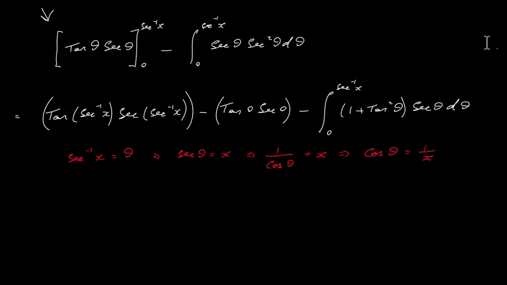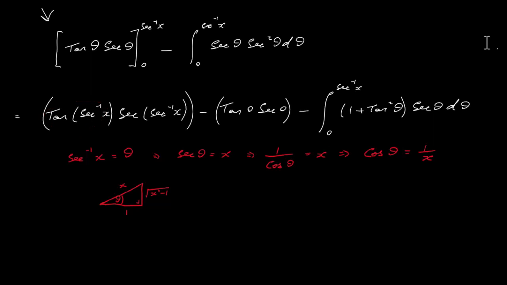If you were to draw a right angled triangle, put our theta here, with the right angle here, we have cos theta is equal to 1 over x. That means 1 would go here, x is there, and our opposite then, using Pythagoras' theorem, would be the square root of x squared minus 1. So our tan of theta is going to be the square root of x squared minus 1 over 1. That's what we're going to put in here.